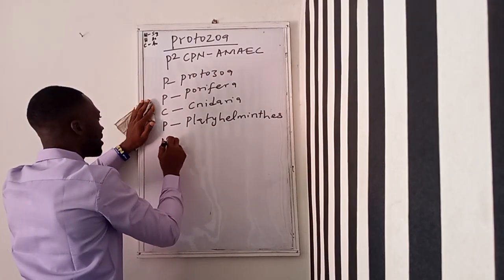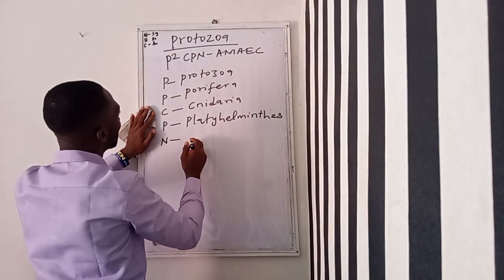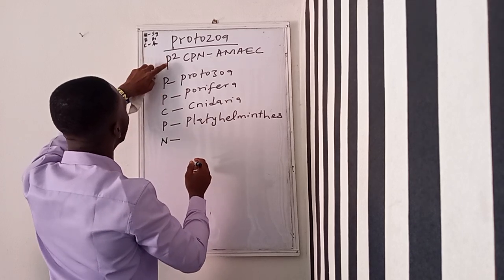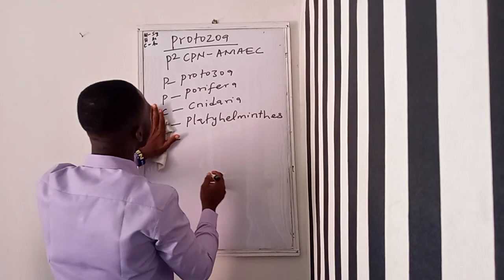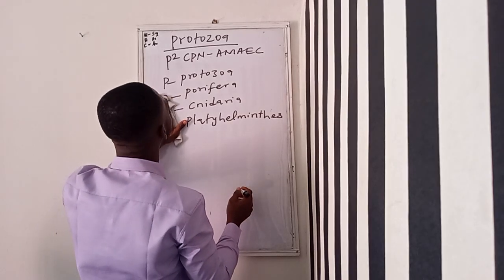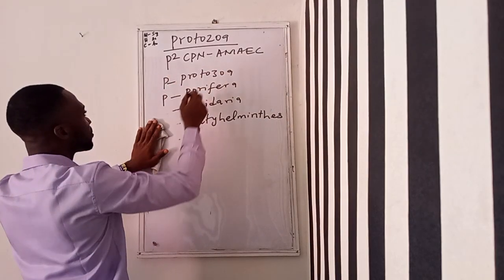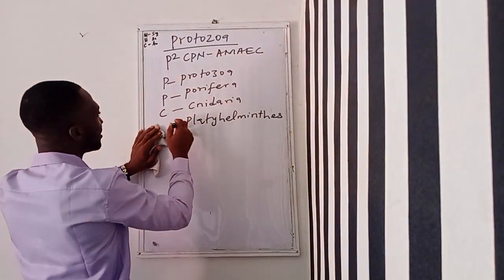We have N, C, P, there's a mistake somewhere. No, it's correct now. So this is the first P, protozoa. Okay, yes. Yeah, that's correct.